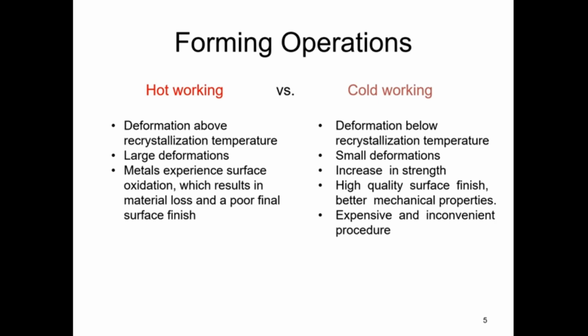Cold working operations are normally conducted at room temperature. Hot working operation will induce large deformation, while cold working will only induce a small deformation. And if we compare in terms of the finished product, hot working operation will normally experience surface oxidation.